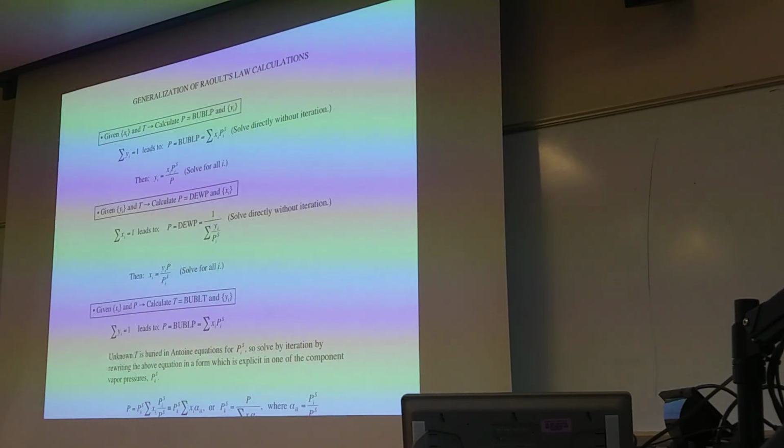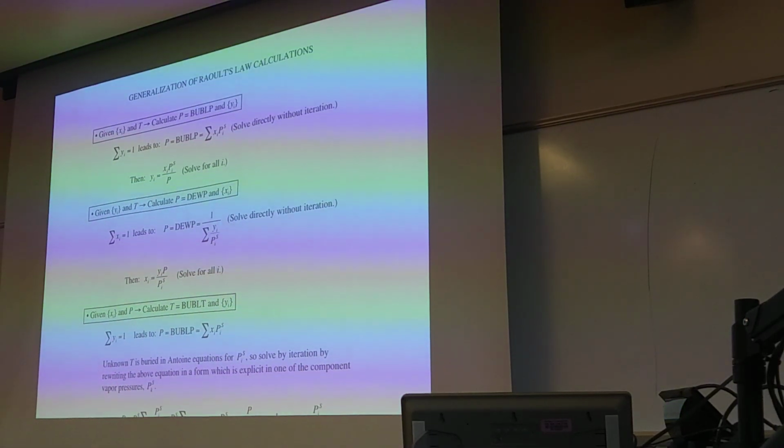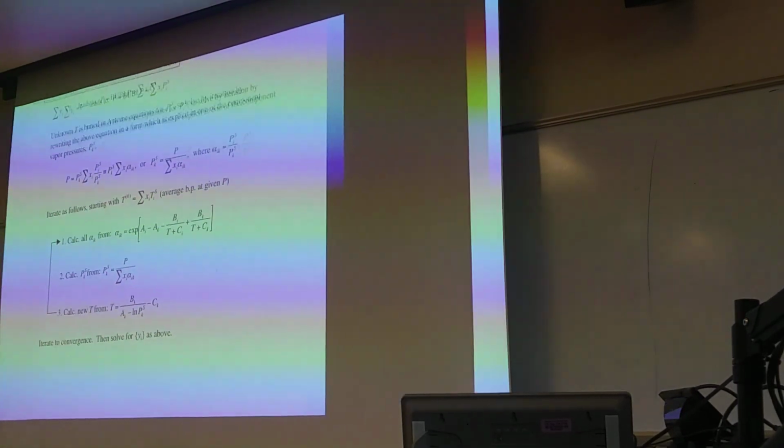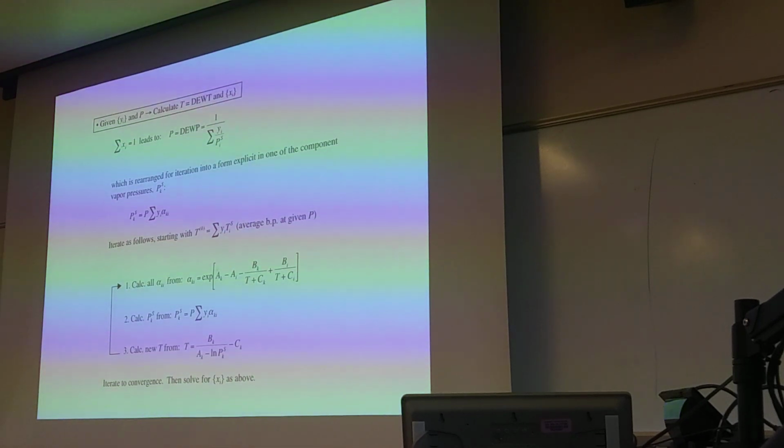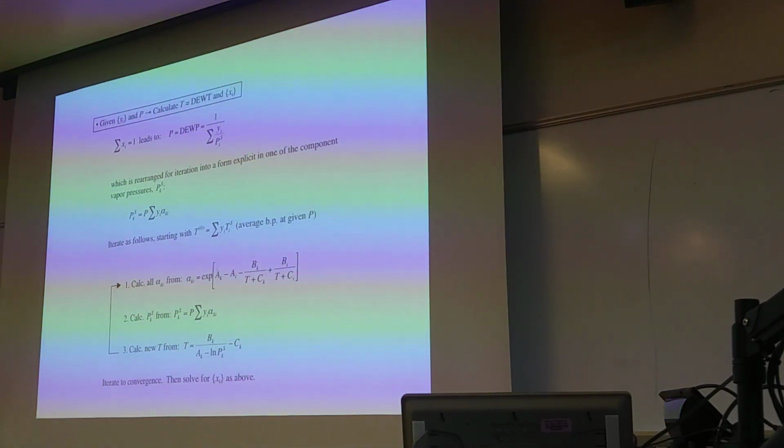This might be useful to you in a homework problem, if you want a map to follow in order to solve any of these problems. Here are the first three types of examples. Over on the next page, I've got the last example. I don't think I need to go through this unless there are any questions. It's just generalizing from 2 to any number of components, assuming the system can be described using Raoult's law.